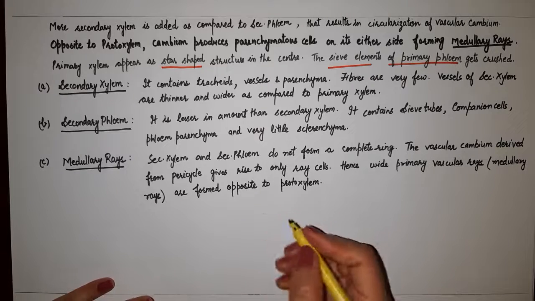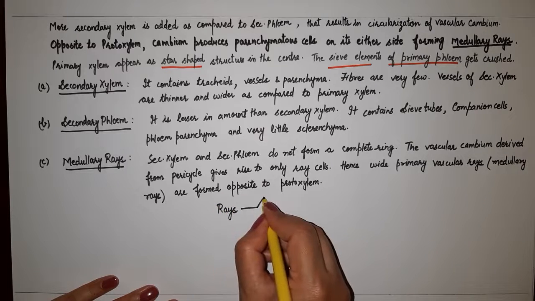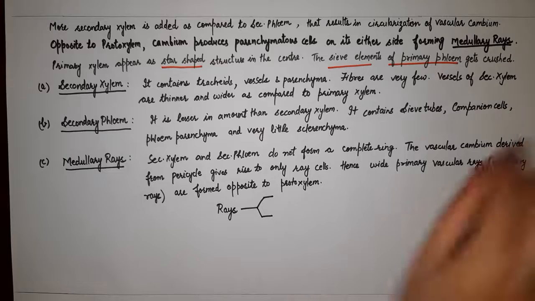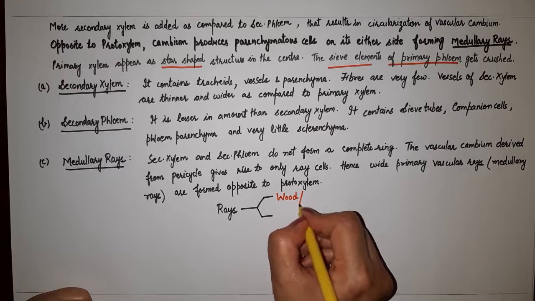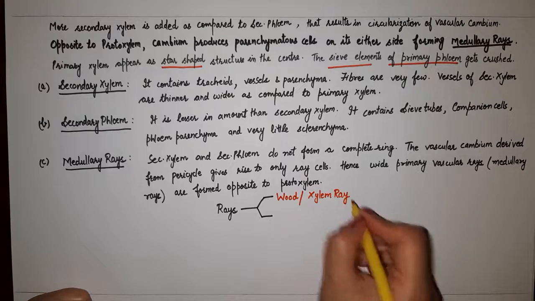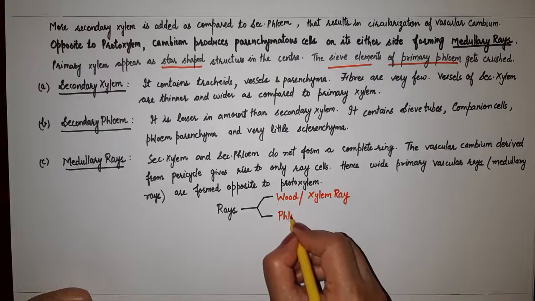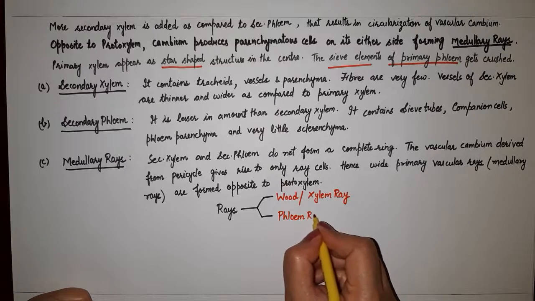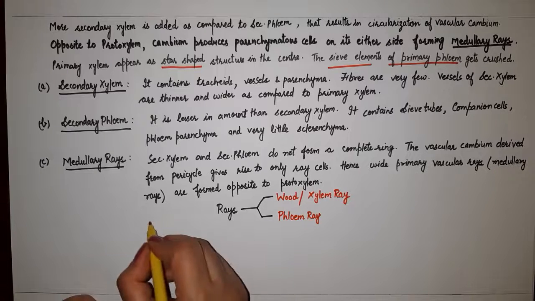Now, these rays, they are of two types. These are wood or xylem ray, and those which are in the phloem region, they are called phloem ray. And what is the function of the ray?